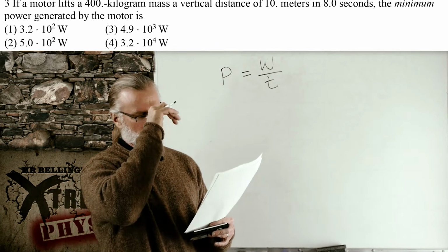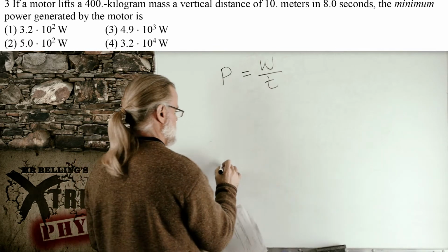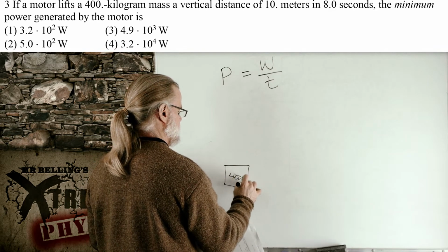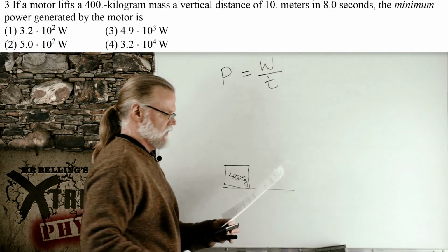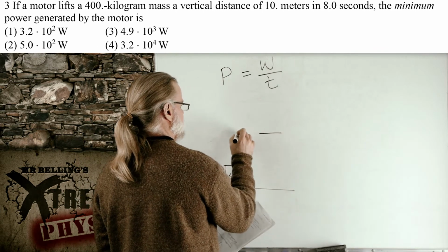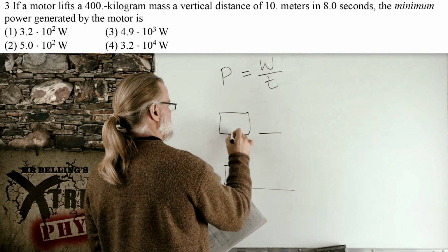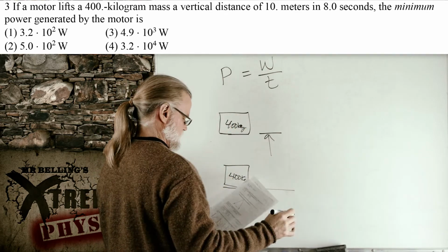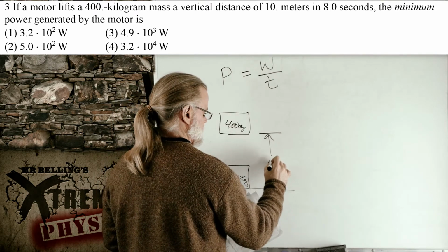And if you're lifting a 400 kilogram mass, here's the mass, 400 kilograms. How high does it get lifted? 10 meters. Here's our mass, 400 kilograms still. Mass doesn't change. 10 meters.